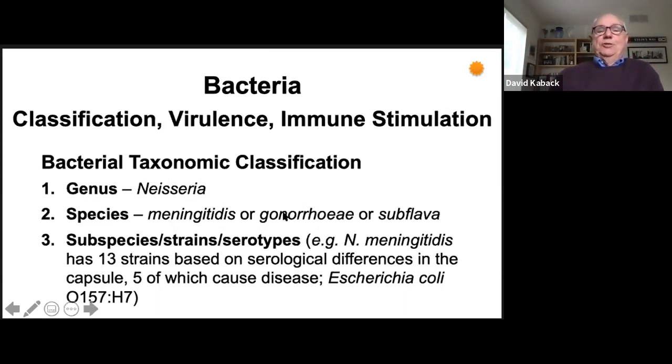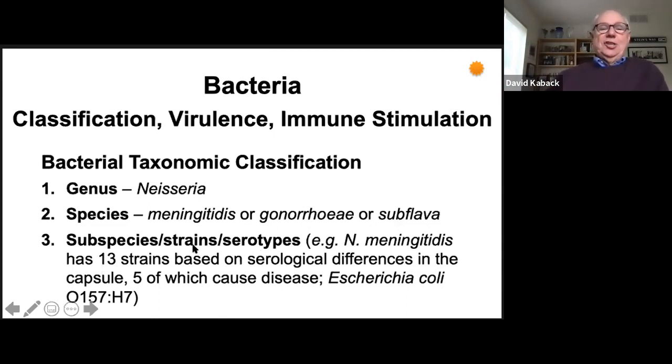It's a sexually transmitted disease that you've all heard of, commonly known as the clap. Here is a non-pathogenic species of Neisseria called subflava. And I'll tell you why these things are called Neisseria at all.